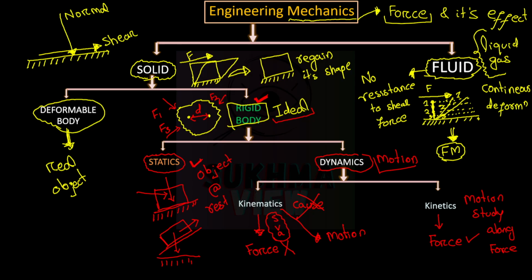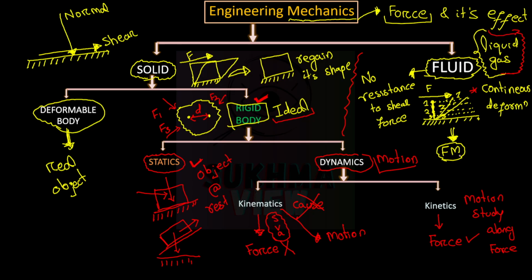Then we talk about the difference between solid and fluid. A solid will try to regain its shape whenever the shear force is removed. But a fluid is a substance which will continuously deform under the action of shear force. There is no resistance to shear force. Liquid and gas are the two kinds of objects in the category of fluid.